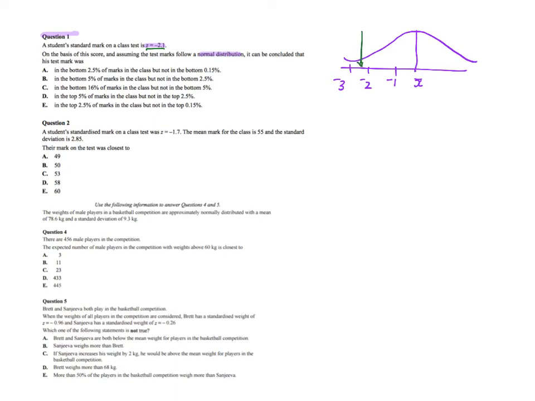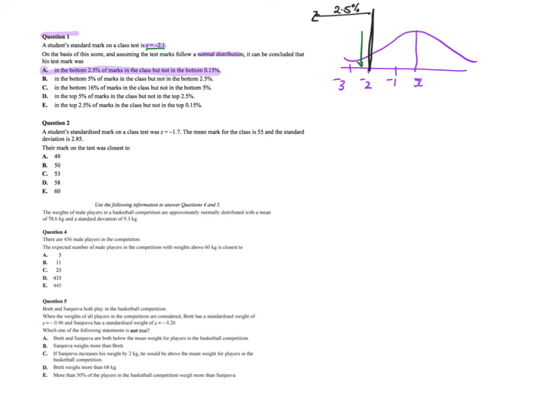So when we had -2 standard deviations, we saw that little tail to be 2.5%. So we could say that they're in the bottom 2.5%, but not quite in the bottom 0.1%, which is when there's 3 standard deviations.